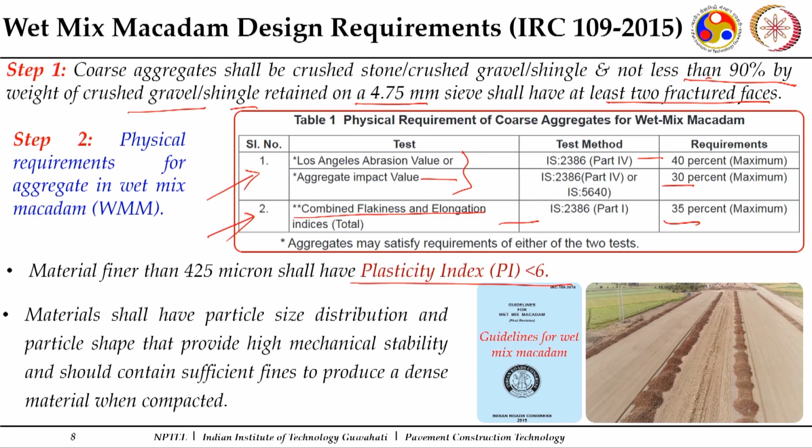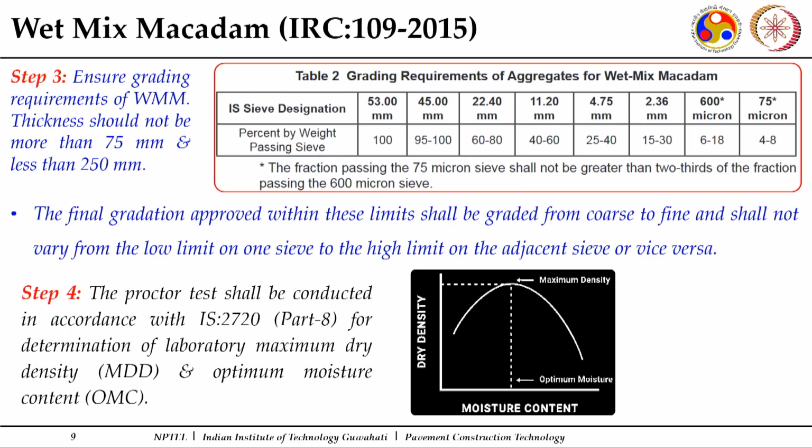As we have done for the other materials, we can estimate the elastic modulus of the granular materials on the basis of CBR, which will be required for attempting flexible pavement design, because the input parameter is in terms of elastic modulus or resilient modulus.